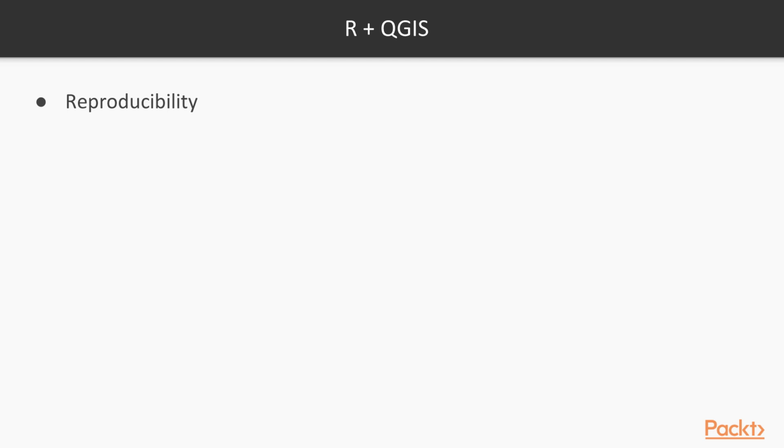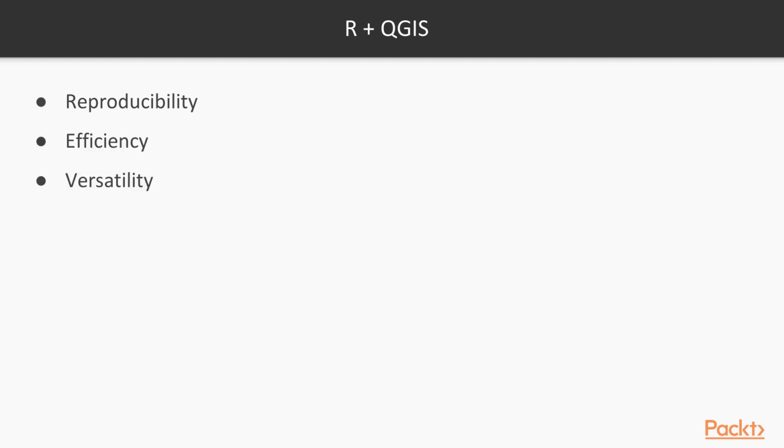So by using R and QGIS in our projects, we can increase the reproducibility and also take advantage of a graphic user interface and use its cartographic abilities to add some map elements to your projects. With R, we can then deploy our applications and take advantage of the scripting environment.